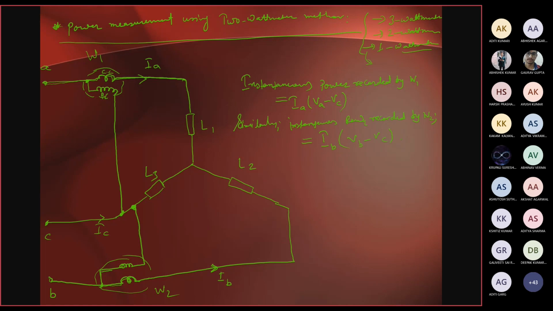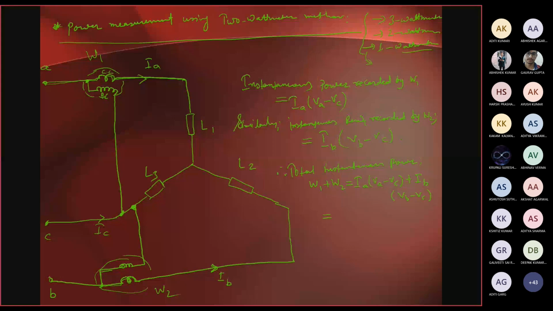So therefore, total instantaneous power measured by W1 and W2, that is W1 plus W2 is equal to IA (VA minus VC) plus IB (VB minus VC). So just write it.